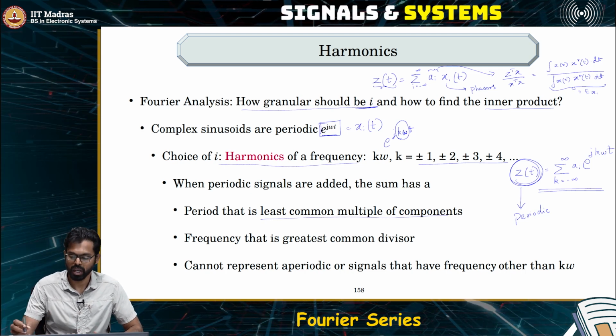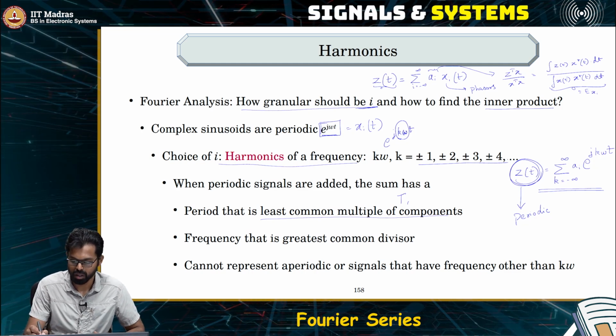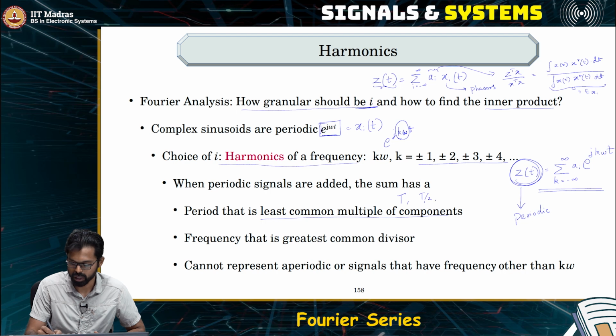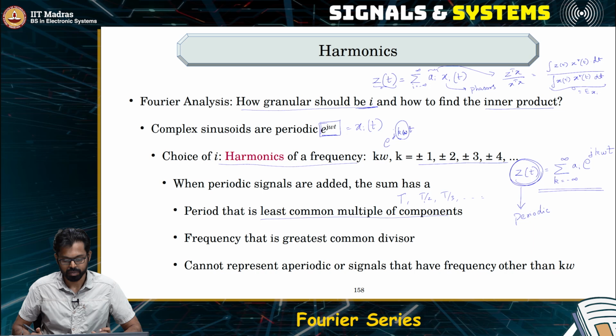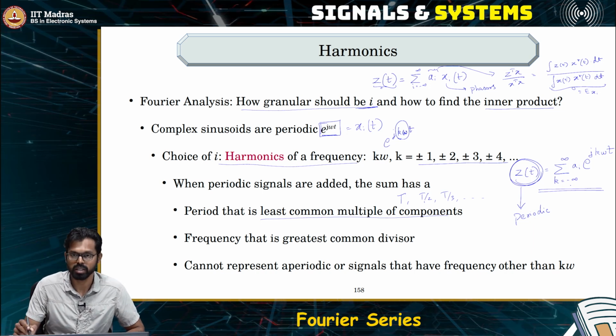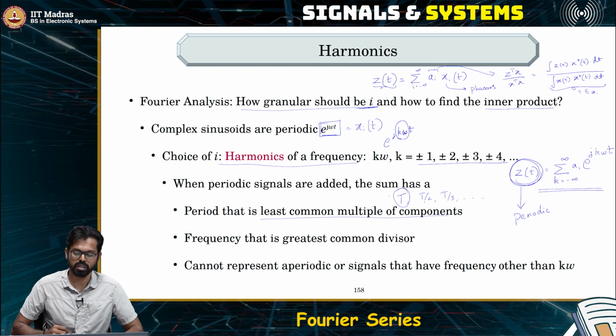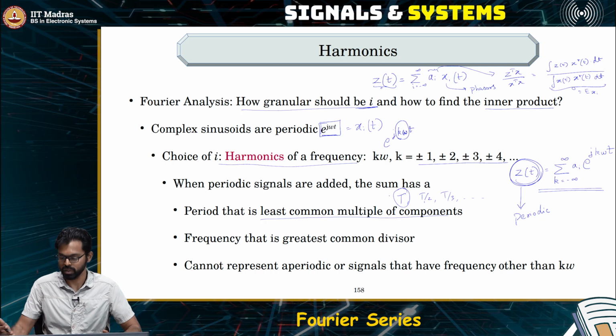and not only periodic, it has to have a period which is the least common multiple of all these components. So if we have a period T and the other signals will have periods T/2, T/3 and so on, then the least common multiple of all these signals that we have here is capital T itself. And what happens to the frequency? The frequency is the greatest common divisor.